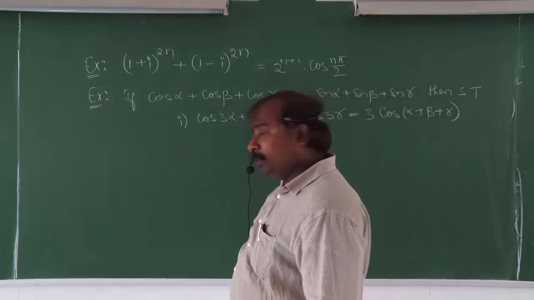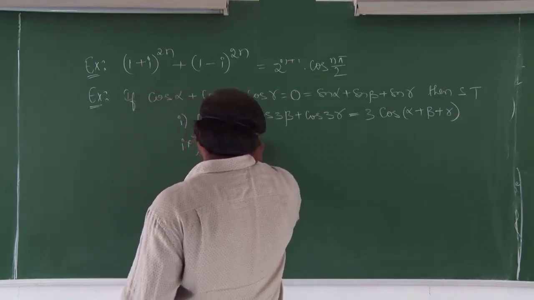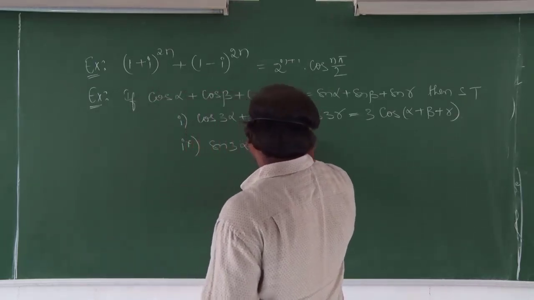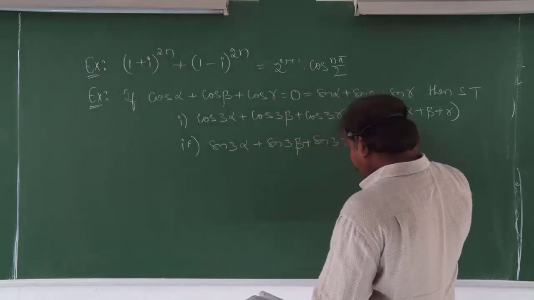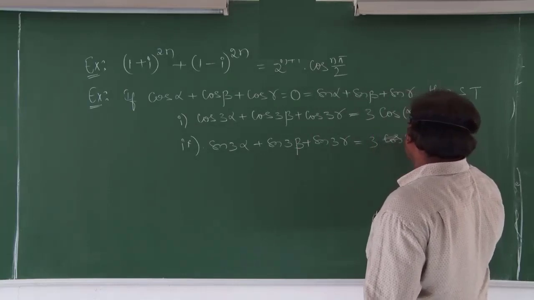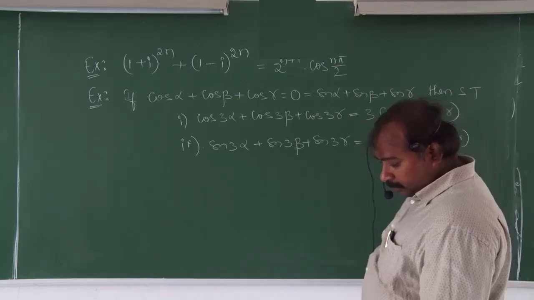This is one bit. And the second bit is sin 3 alpha plus sin 3 beta plus sin 3 gamma equals 3 into sin of alpha plus beta plus gamma.